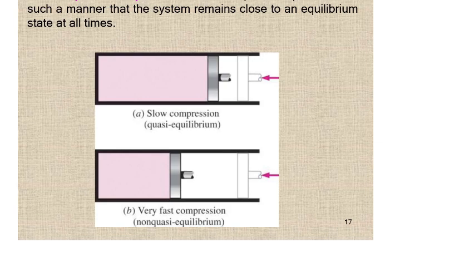If you see the diagram, you can see that our piston is very close to an equilibrium condition. But in the second diagram you can see that our piston is very far away from the equilibrium condition. So the first one is a quasi-equilibrium process, but the other is a non-quasi-equilibrium process.